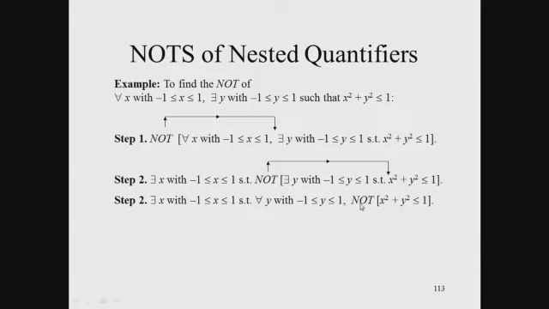And now you have the word not in front of the something that happens. And now you don't see any more quantifiers, so you can incorporate the word not into the statement here. What does it mean to say that it is not true that x squared plus y squared is less than or equal to 1? x squared plus y squared is greater than 1. And this is the negation of the original statement.